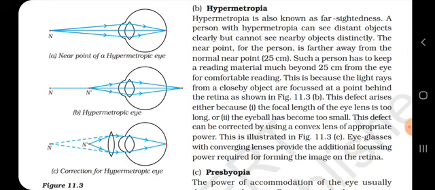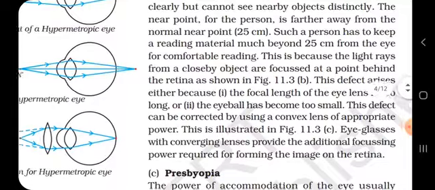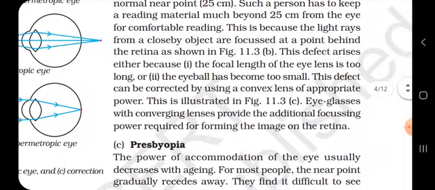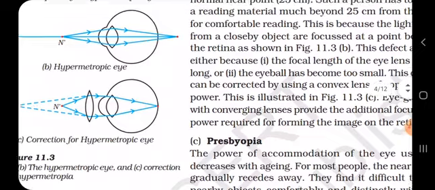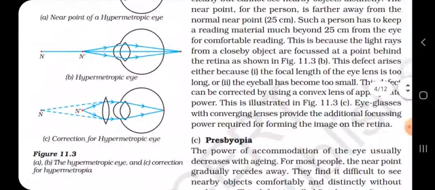There are two main problems due to which this defect arises. The first is that the focal length of the eye lens is too long. And the second one is that the eyeball has become too small. I hope you are clear with this.